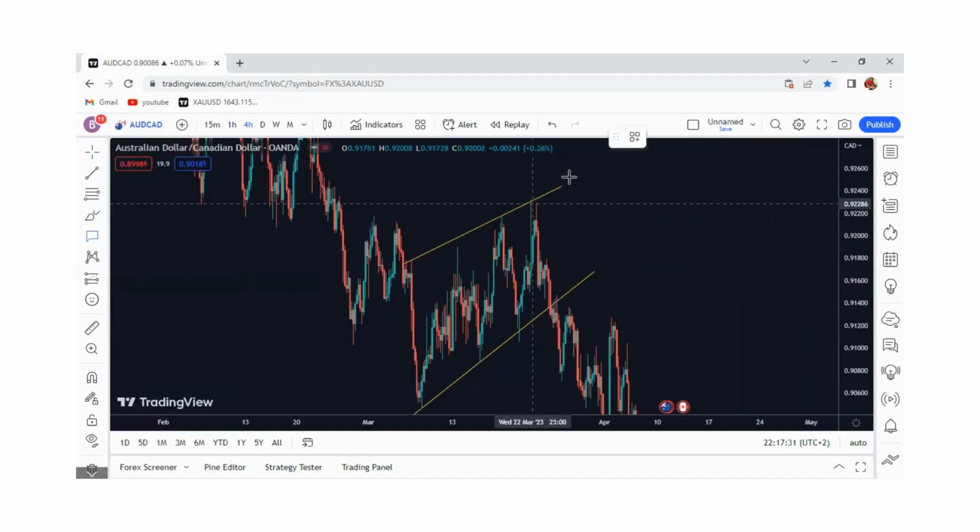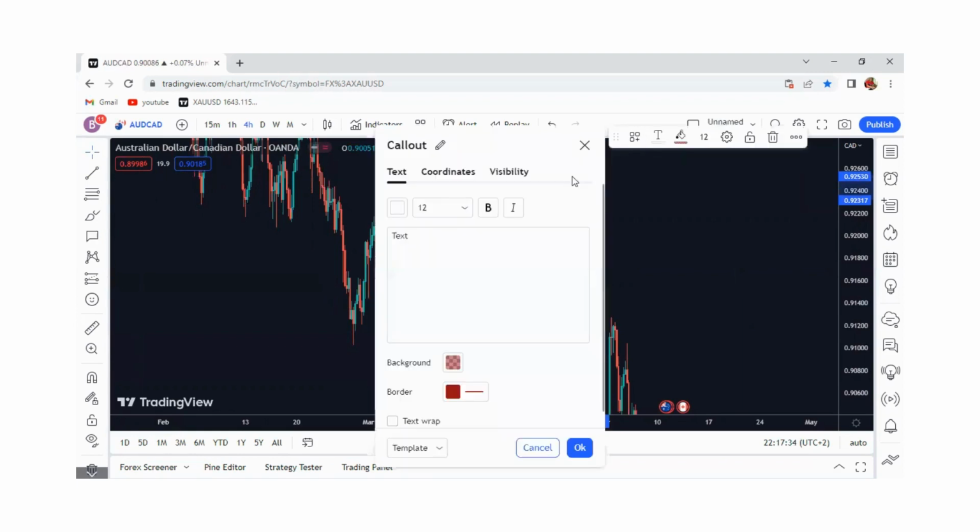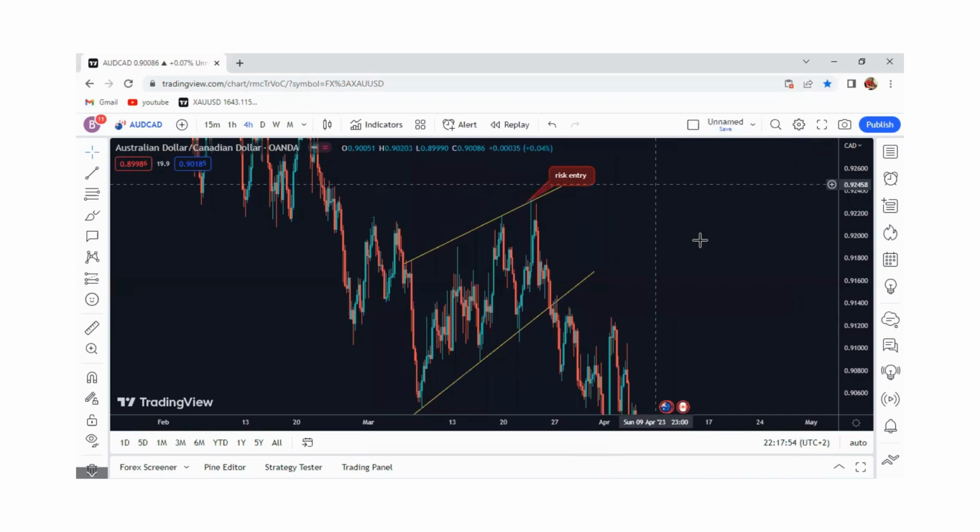Here it was going to be our risk entry. So this was going to be our first entry.